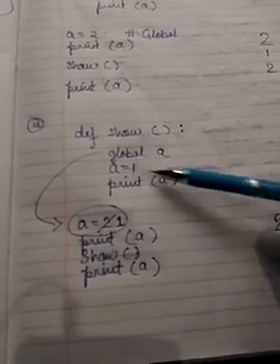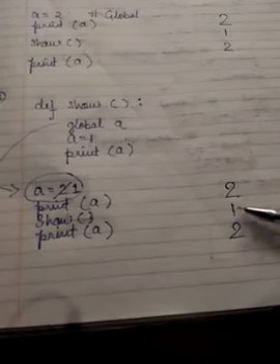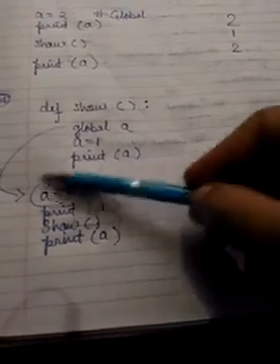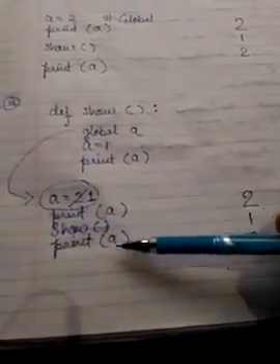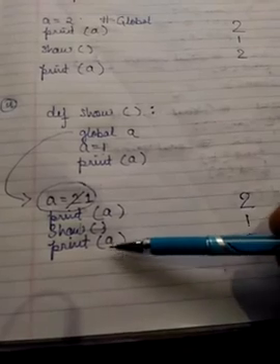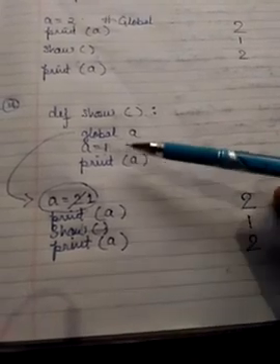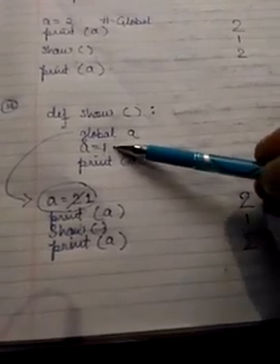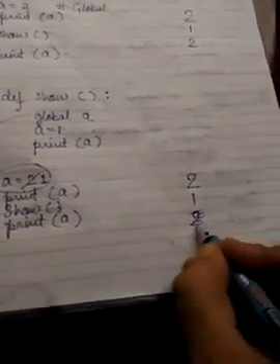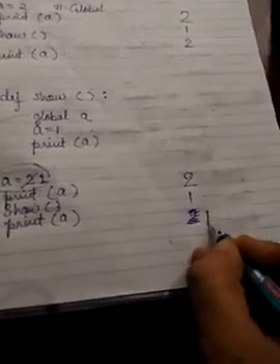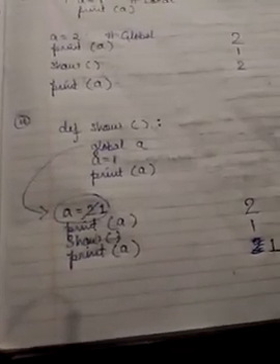Here it is 1, print a 1, you will get 1 over here, and again it comes back, print a. Now here you will not get 2, because you have changed the value of the global variable. Here again, instead of 2 you will get 1.